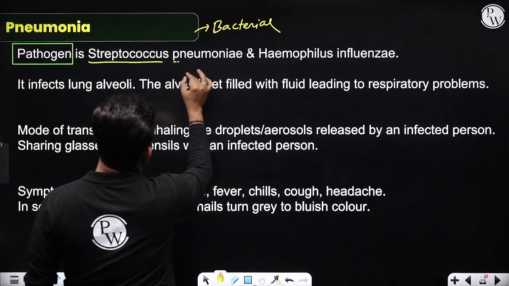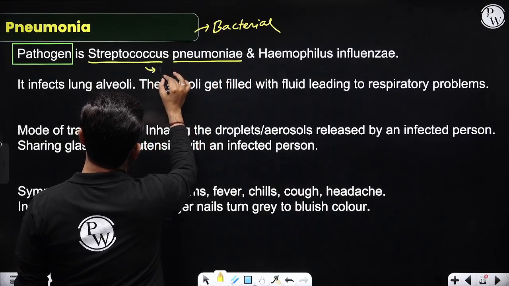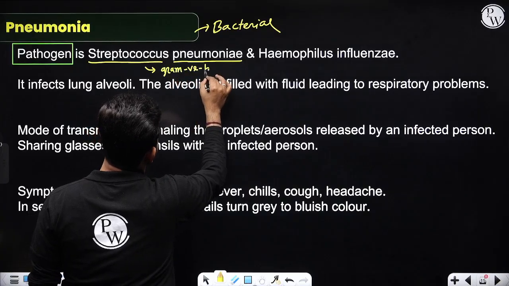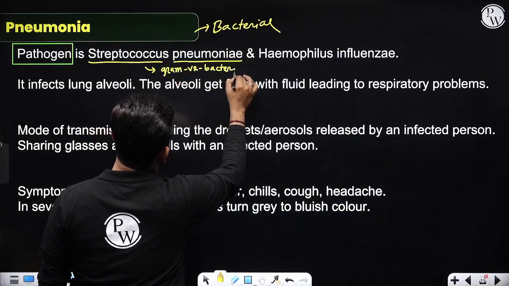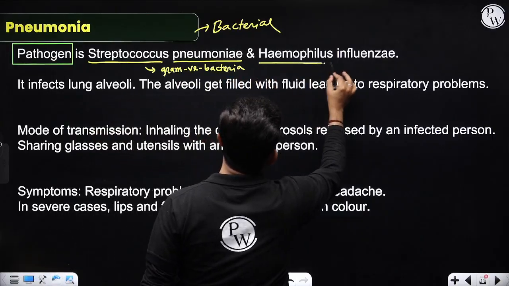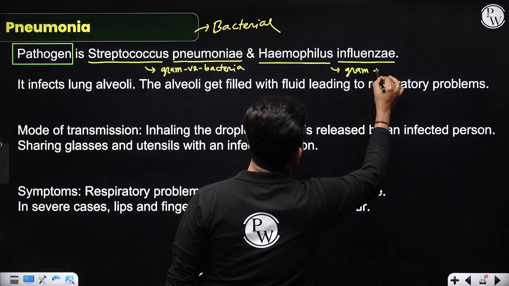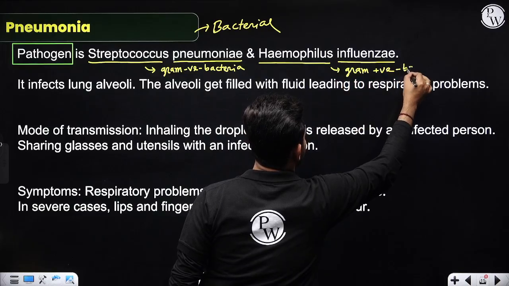One is Streptococcus pneumoniae, this is a gram negative bacteria, and Haemophilus influenzae, that is a gram positive bacteria.